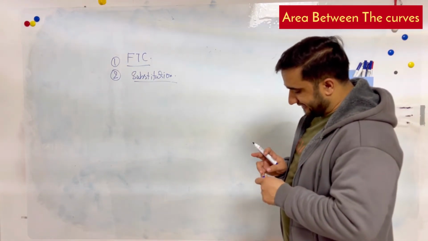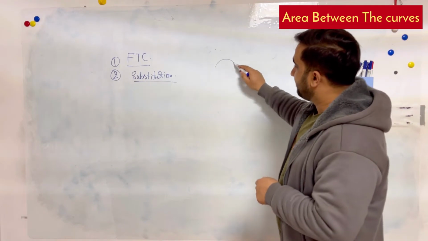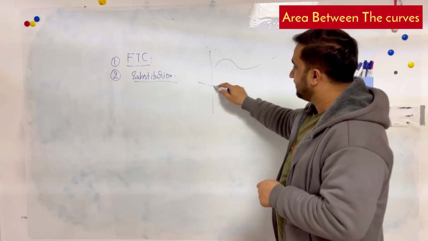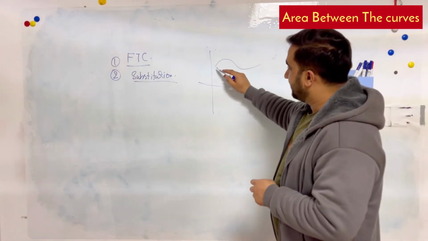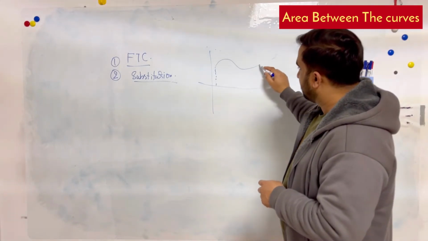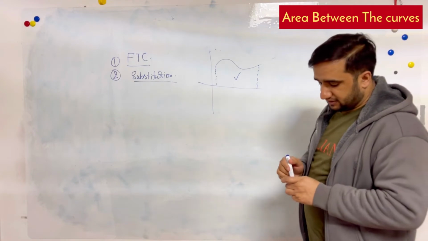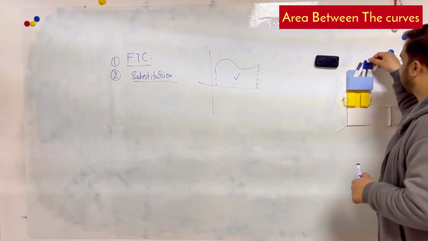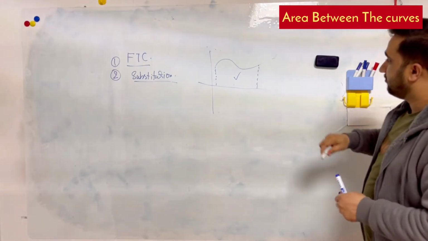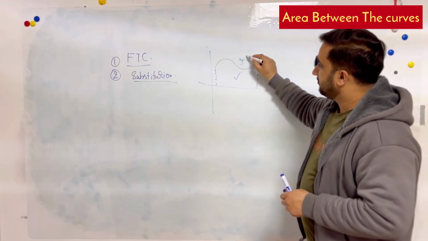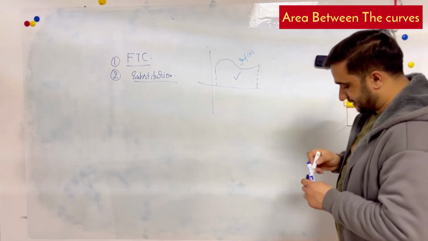When we started the integration, we said, okay, if we have a curve like this in a certain plane, then we decided the boundary and we said we want to know the area of this region. So the whole thing was based on one curve, one function f of x.